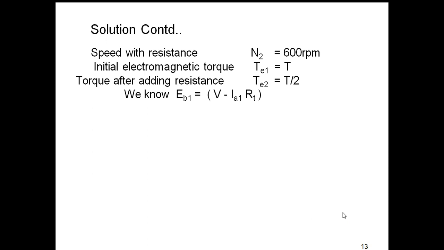And also we know the back EMF equation, E is equal to V minus IaRa. In this one, we write the initial back EMF as EB1 is equal to V minus IA1 Ra.